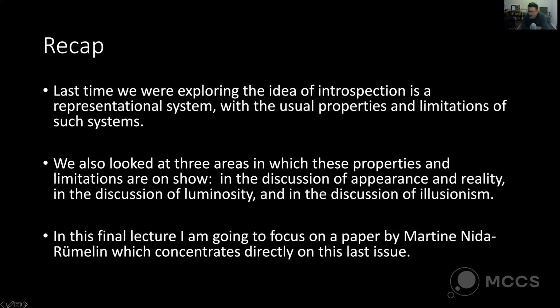In the case of Williamson's anti-luminosity argument, I looked very briefly at some responses to that argument, but I really only concentrated on one, which was the idea that we could define a closely related notion, which I called ceteris paribus luminosity, which says that it's not true for every situation in which you're in a state that you're in a position to know it, only that it's true of every situation in which you're in a state you're in a position to know it, other things being equal.